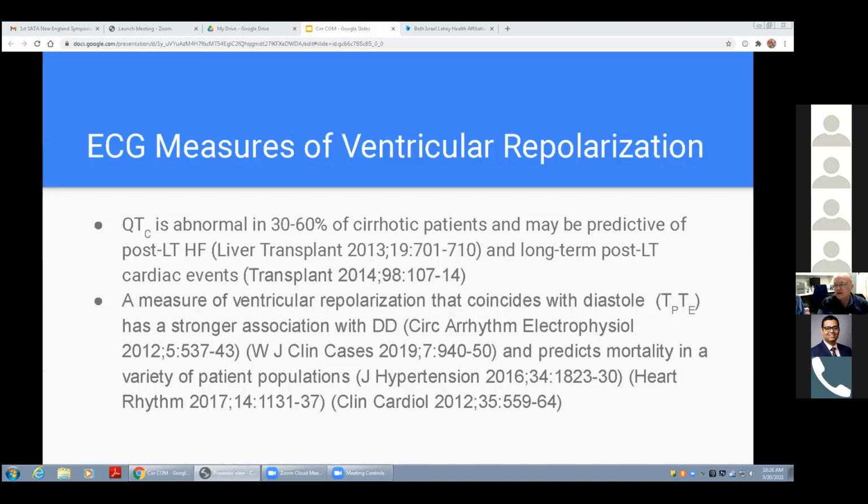More interestingly, a specific measure of ventricular repolarization, TPTN, has been shown to predict bad outcomes and mortality, not just arrhythmogenic mortality in a variety of populations like hypertensives, post-MI patients, and even the general population of people in Oregon. That is one of the measures that is being looked at for predicting mortality in all of these different patient populations.